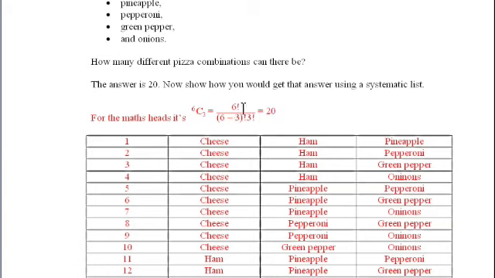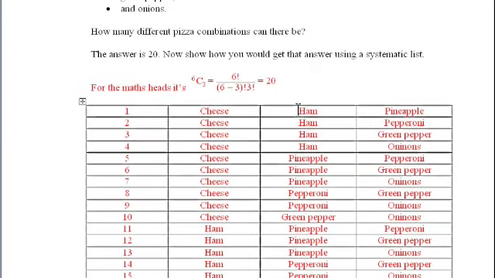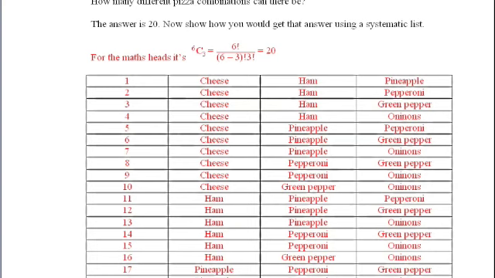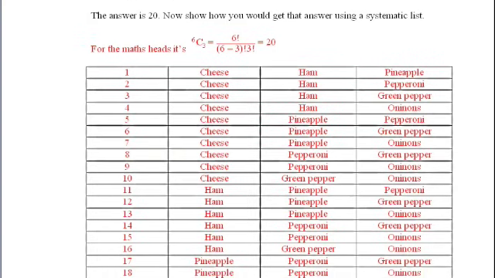In this case it's 6 factorial over (6 minus 3) factorial times 3 factorial, which just gives you 20. Anyway, I certainly don't expect the year 8s to know that, but I just thought some of you might be interested.